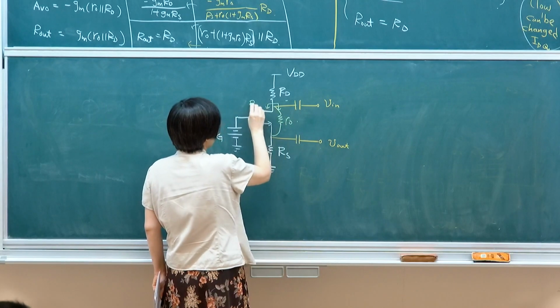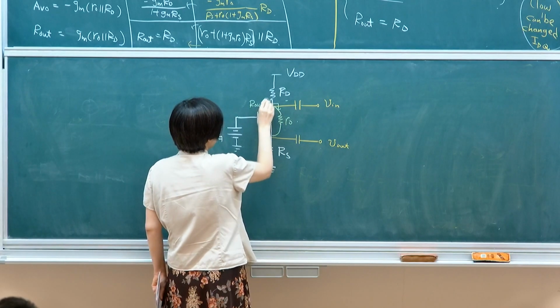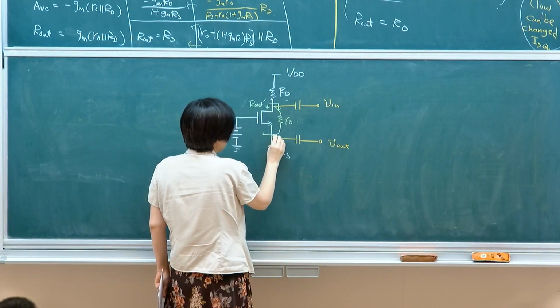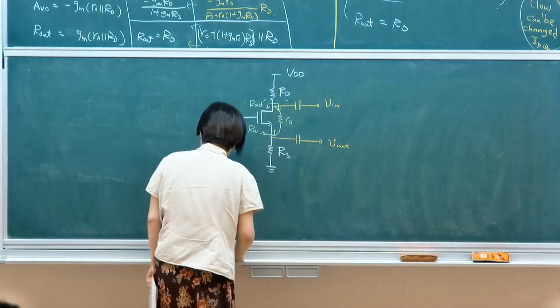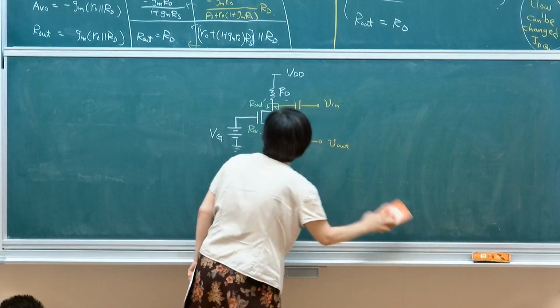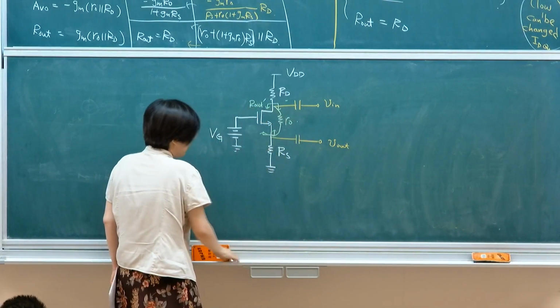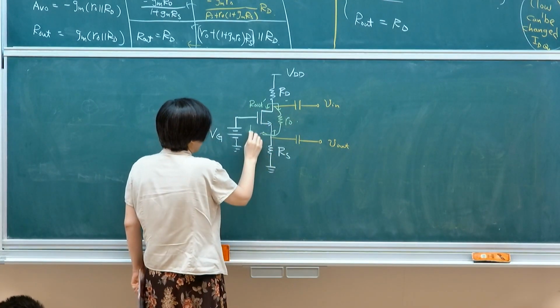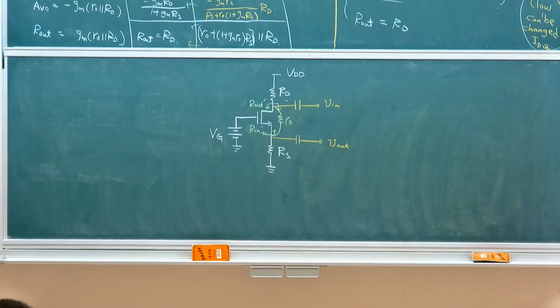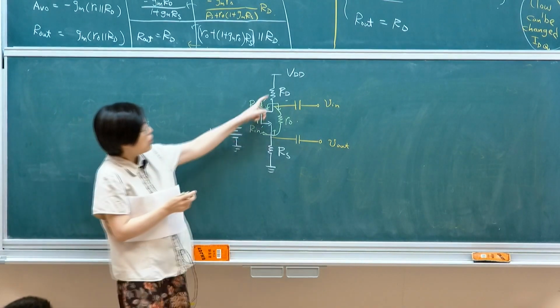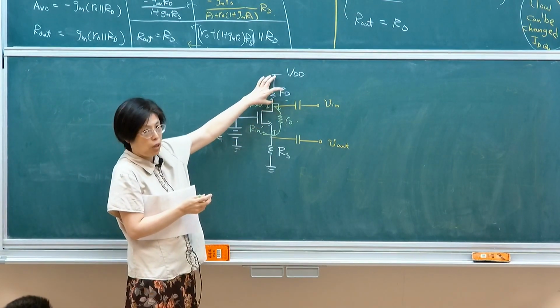If I'm looking down, that's R_out prime. Or if I'm looking up, that's R_in prime, meaning that I'm ignoring the effect of RS just for now. So there's a relationship between this R_in and R_L in relation to its load.